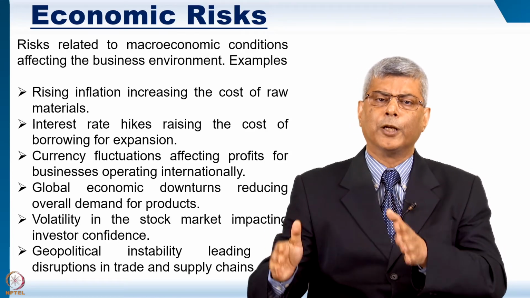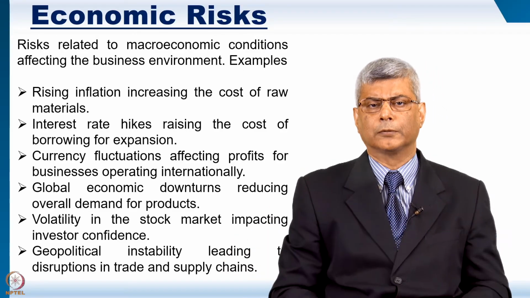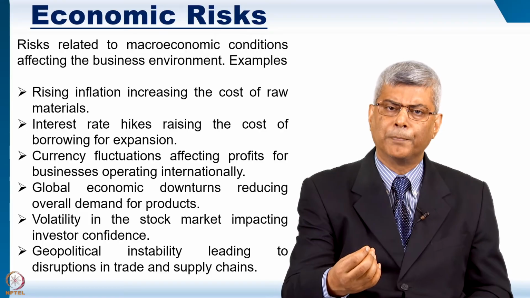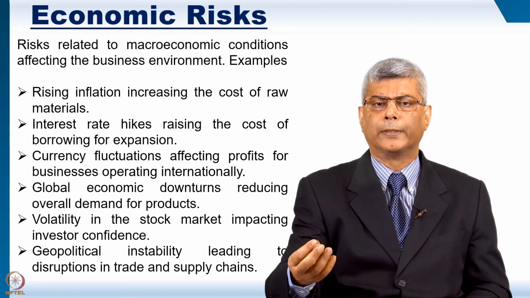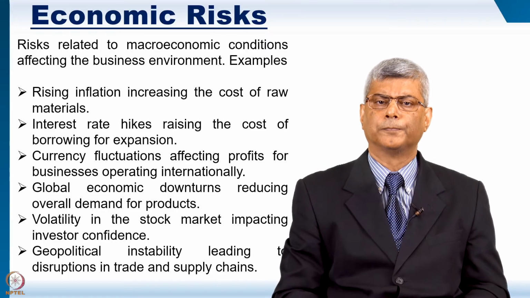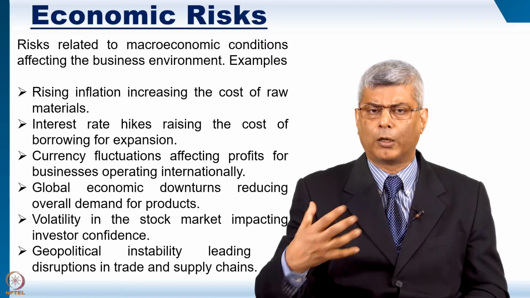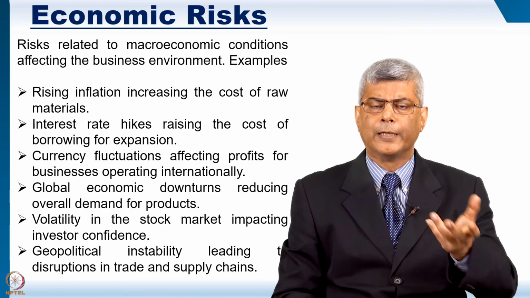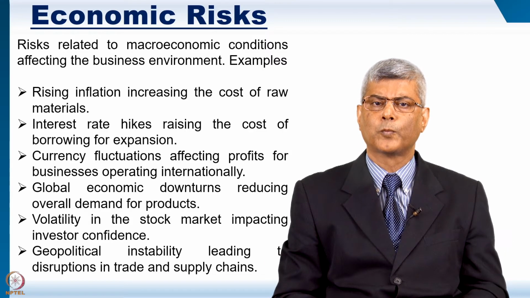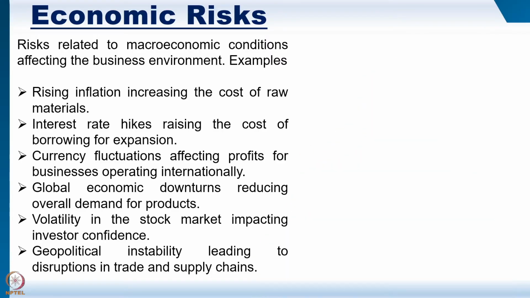These are all economic risks which often work in a chain reaction. It has got nothing to do with the company per se. It has got to do with global and country matters. If there is geopolitical instability, wars, boycotts, sanctions, the economic risk goes up for all the businesses.